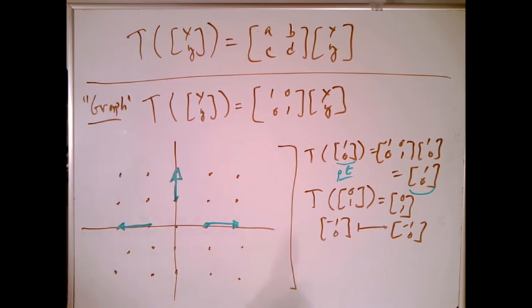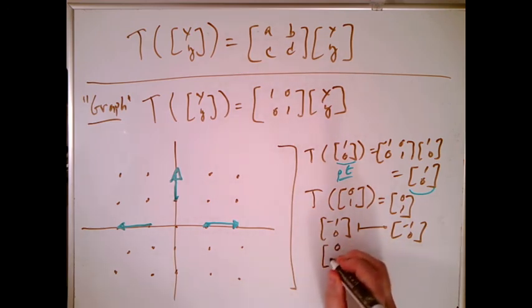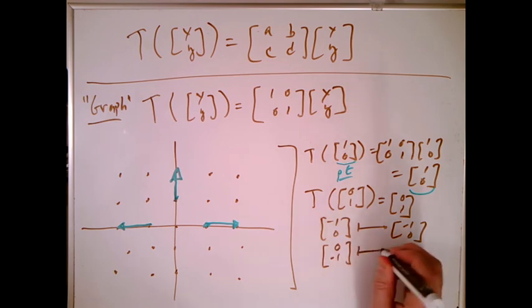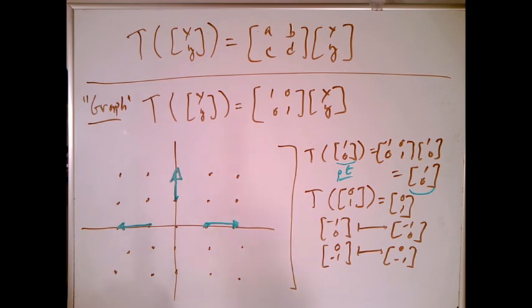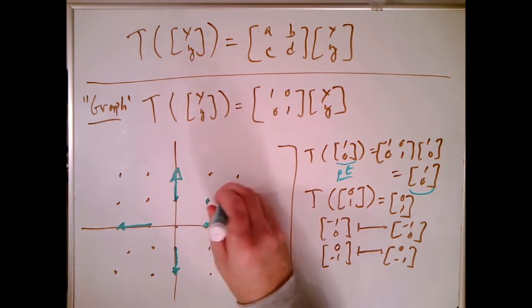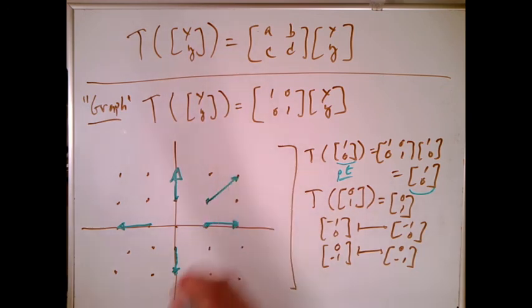When I plug in the vector 0, minus 1, the answer there is going to be 0, minus 1. And I can at least see a pattern in what I'm saying, so I'm not going to keep writing down everything I'm doing. Now, when I plug in the vector 1, 1, I know I'm going to get the vector 1, 1. And so in order to plot that, I go to the point 1, 1 and I draw my answer arrow vector there.